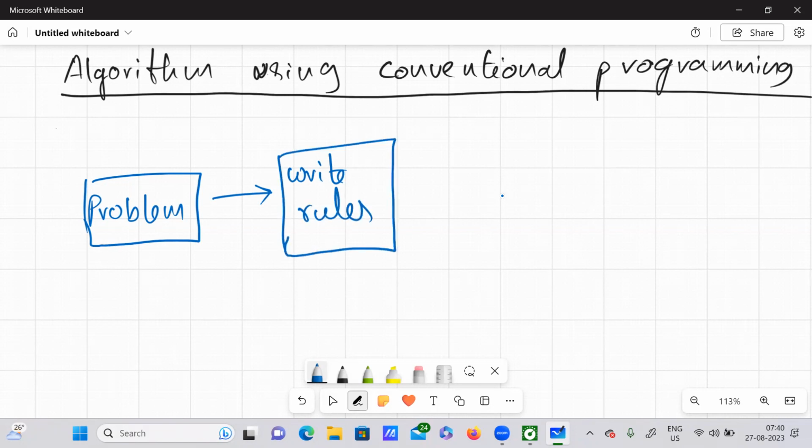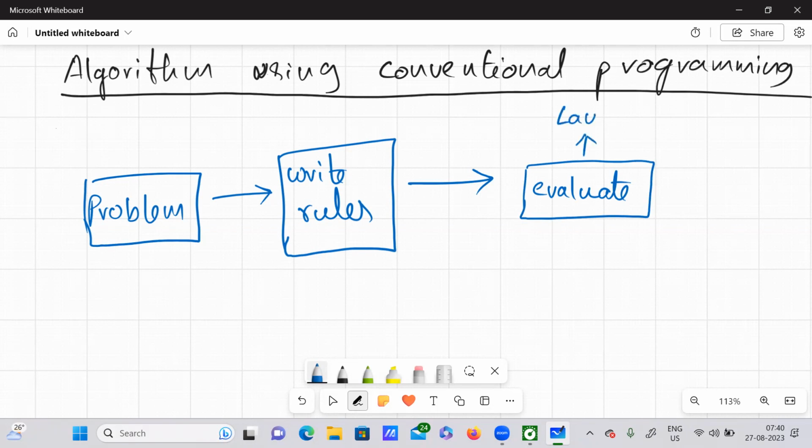And after writing a few of the rules, that is logics, we evaluate it. After evaluating this, we need to launch this algorithm.